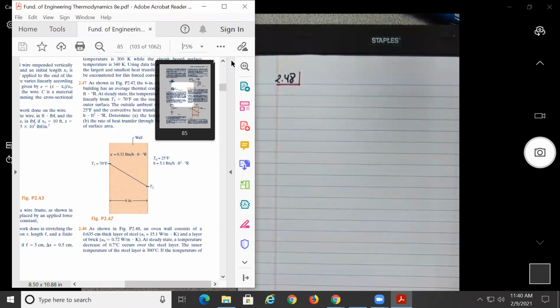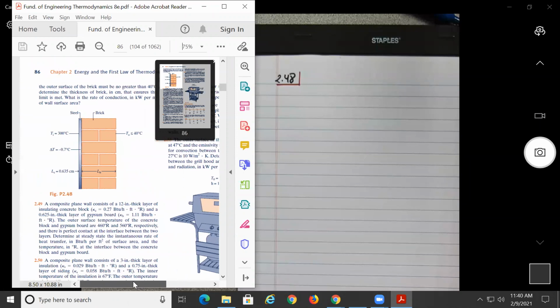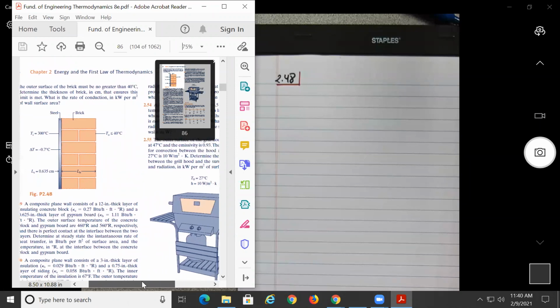I don't change the process in different classes. So I hope you can read. Yeah, so as shown in figure 2.48, an oven wall consists of a 0.635 thick layer of steel. So let's see what that figure is. All right, so this is the figure. Let's do the figure and then I'll put in the data. All right, so it's steel and brick.